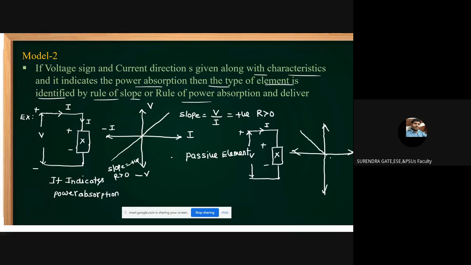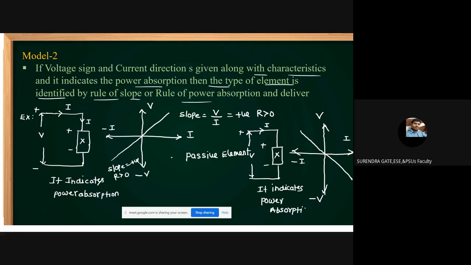This is V, this is minus V, this is I, this is minus I. The polarity indicates power absorption.